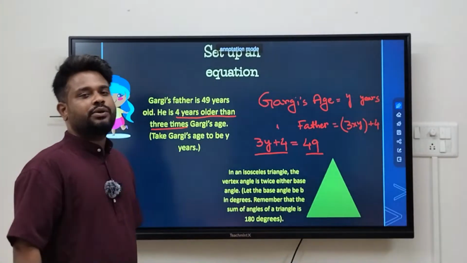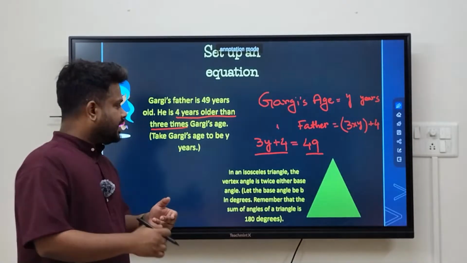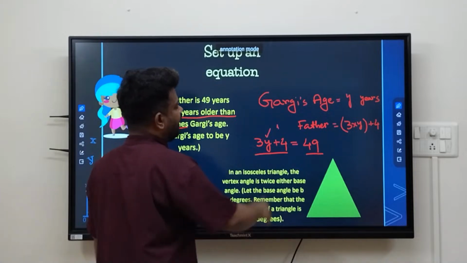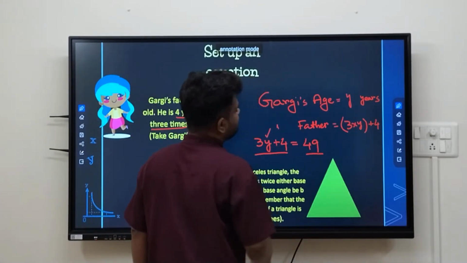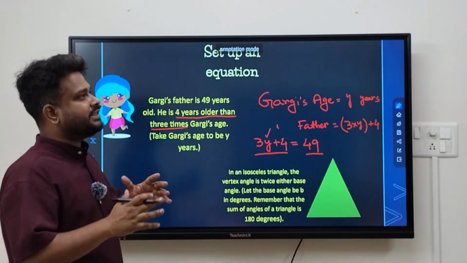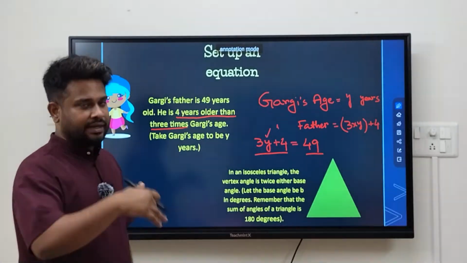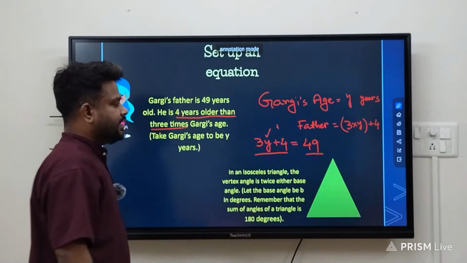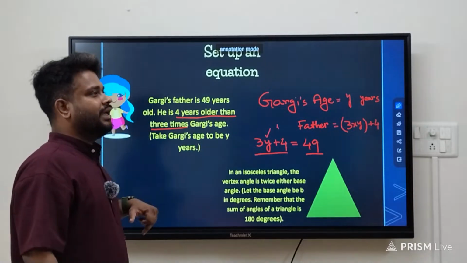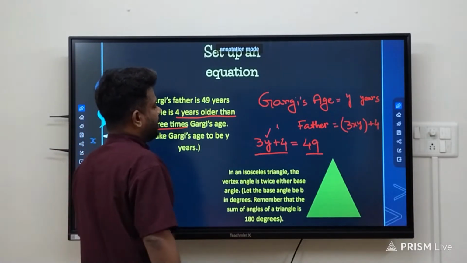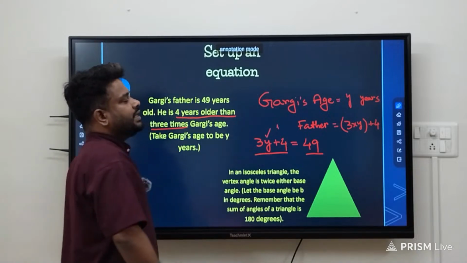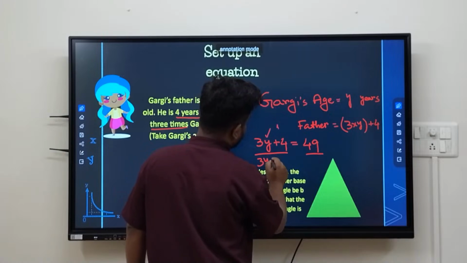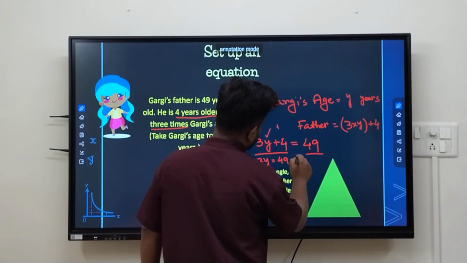So these two expressions will be equal. The difference is that one has a variable in it, and in the actual age there is no variable. Though age is also a variable because it changes every year, in this question the father's age is fixed, but in our thinking we have taken Gargi's age as y years. So from this equation we can easily find Gargi's age. It will be 3y equals 49 minus 4.